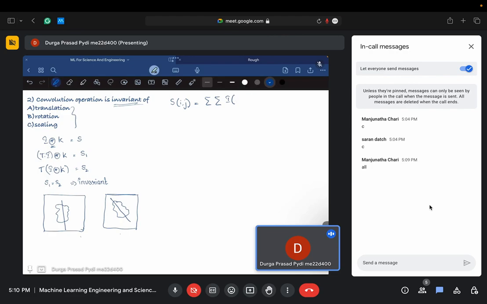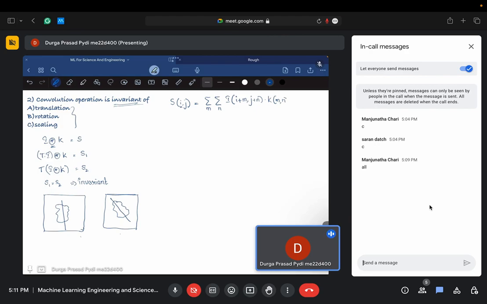Say I is my input image; at a given index i, j, plus whatever offsets the kernel uses, I take the summation over m and n of I times the kernel at m comma n. This is what you are doing essentially.